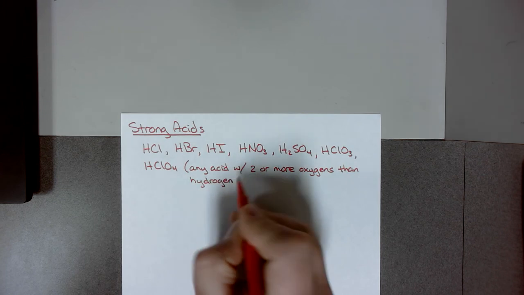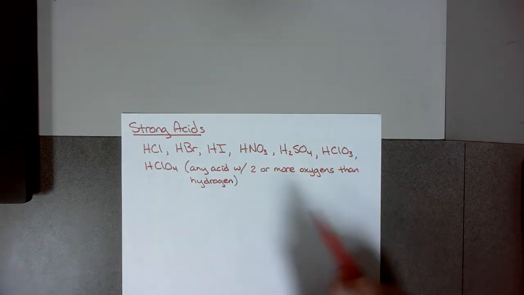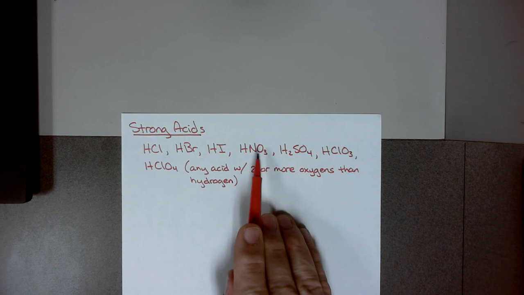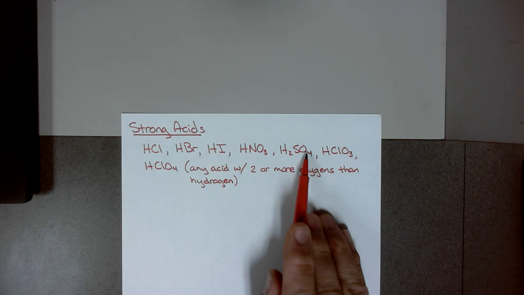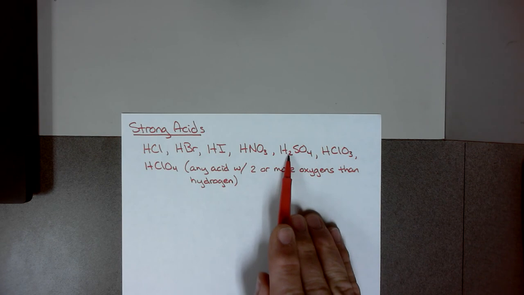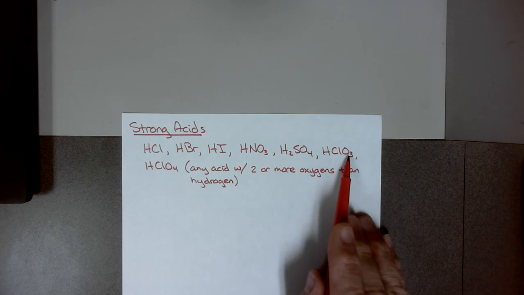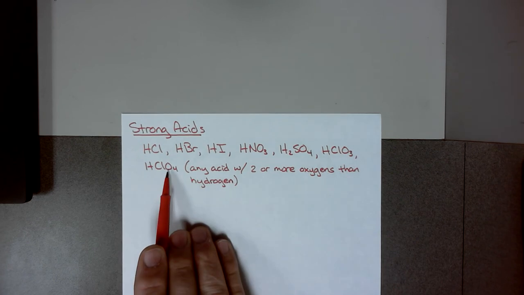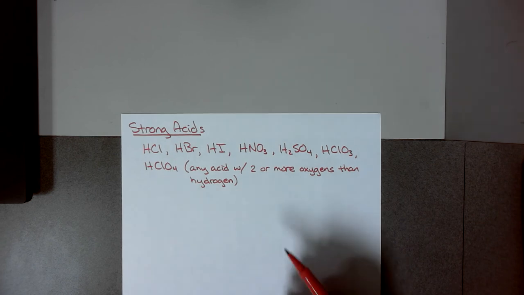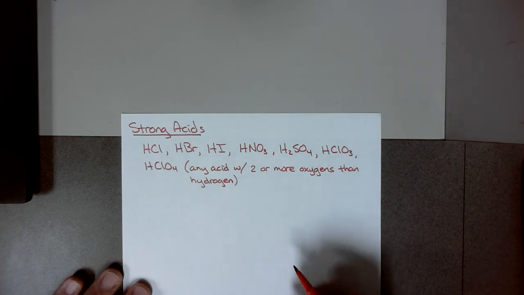That makes them strong acids. So there's 2 more oxygens than hydrogen, so it's strong. There's 2 more oxygens than hydrogen, so it's strong. Here we have 2 more oxygens than hydrogen. Here I have 3 more, so it's also strong. So those are my strong acids. What about weak acids?